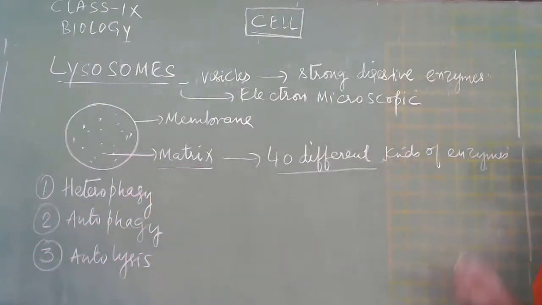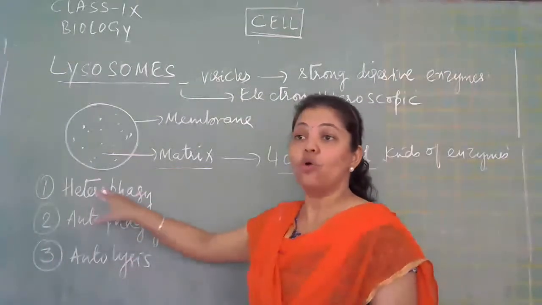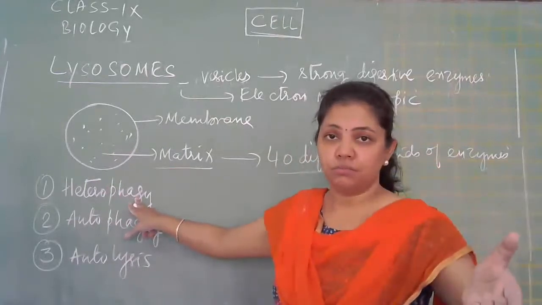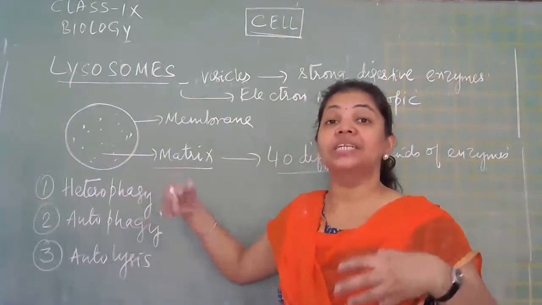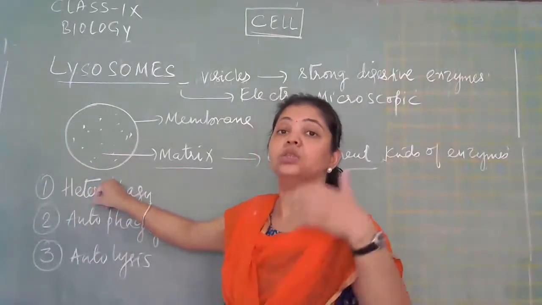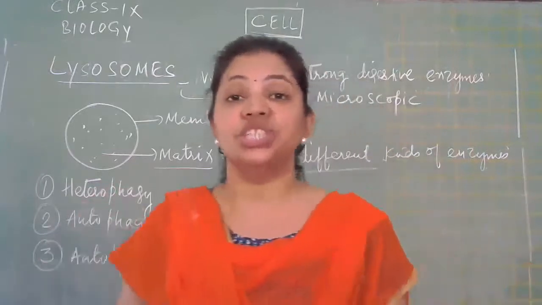To remember in short the functions of lysosomes. First one is called heterophagy. Hetero stands for others and phagy means to digest. Hetero word का मतलब होता है दूसरों का, others, और phagy का मतलब है to do the digestion.